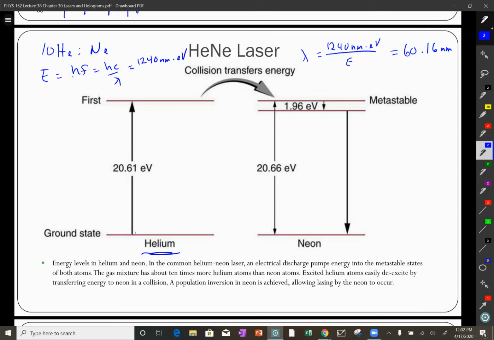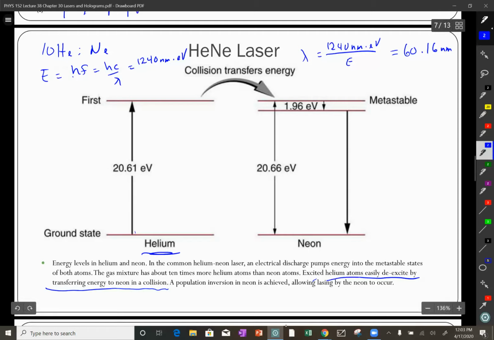Now the helium interacts with the neon and has a transfer of energy to the neon. And you can see down here, excited helium atoms easily de-excite by transferring energy to neon in a collision.